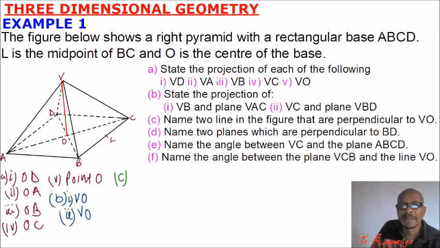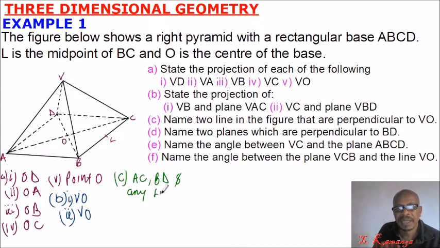So we can say the lines which are perpendicular to VO, we can say AC. We can also say BD, and any line on the plane ABCD.